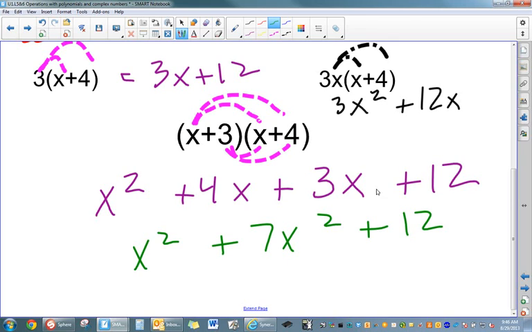You just add the coefficients. It's just 4 plus 3. You don't add and get x squared. Are you multiplying the 4x and the 3x? No, you're adding them. You just add the coefficients.